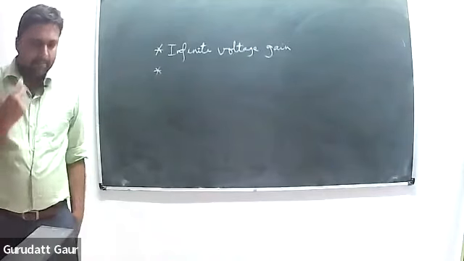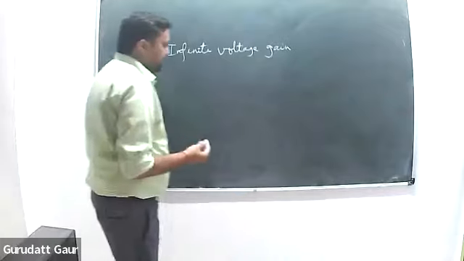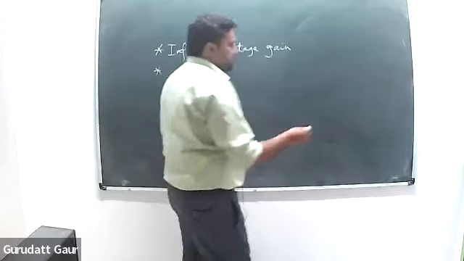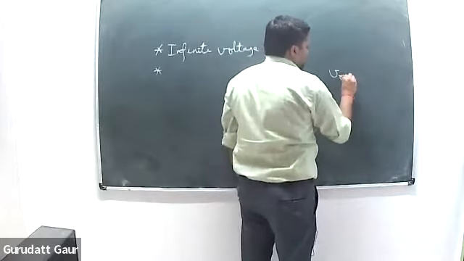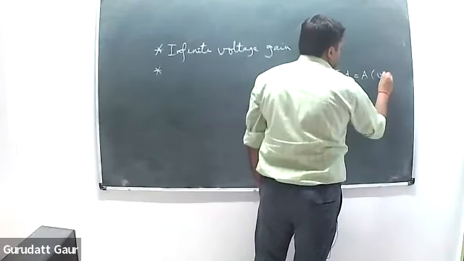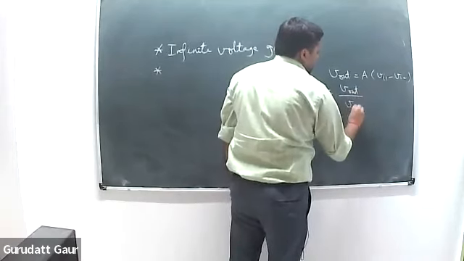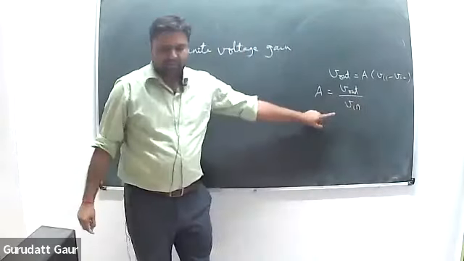Second property. Why the voltage gain is infinite? Can you guess? Input resistance must be high. Yes. No. Infinite input resistance, only then the gain will be high. No, you remember. The output V out was basically A times VI1 minus VI2, right? So A will be V out divided by V in, right? And this V in is very, very small, right? Because they are almost equal.